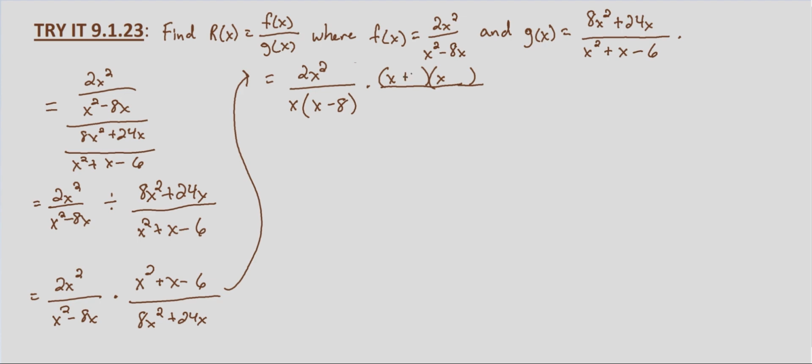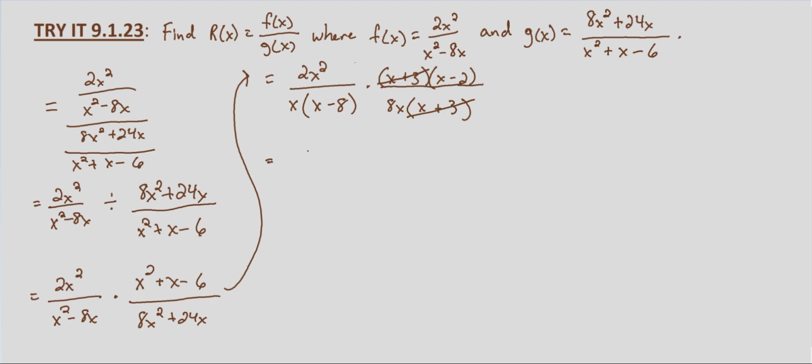That would be plus 3 and minus 2. And then last but not least, 8x squared plus 24x. Both terms share a common factor of 8x, so 8x times x plus 3. If you notice, we can cancel these like terms right here. x plus 3 and x plus 3.